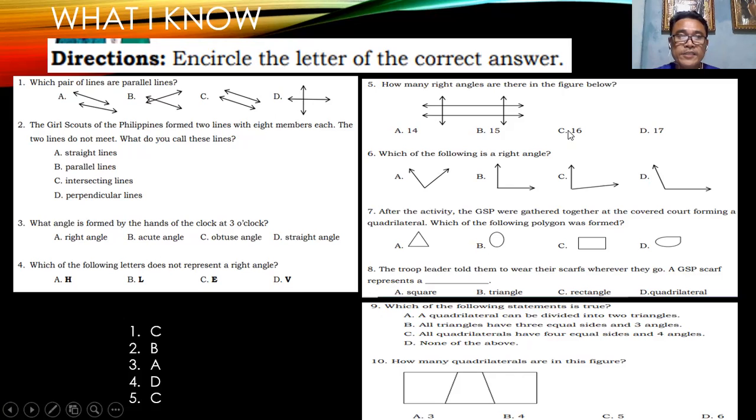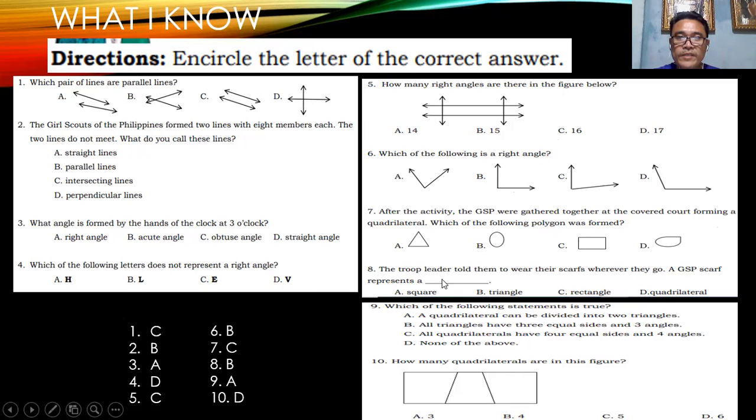So the answer is letter C. Number 6, which of the following is a right angle? Okay, letter B. 7. After the activity, the GSP were gathered together at the covered court forming a quadrilateral. Which of the following polygon was formed? The answer is letter C.